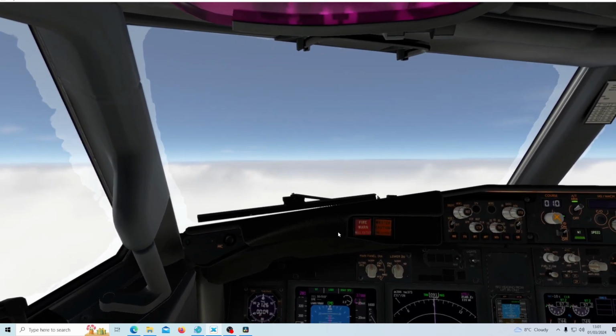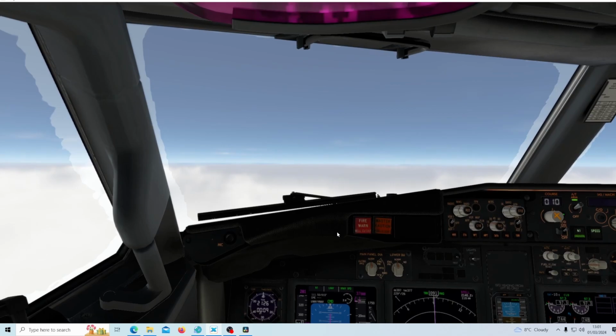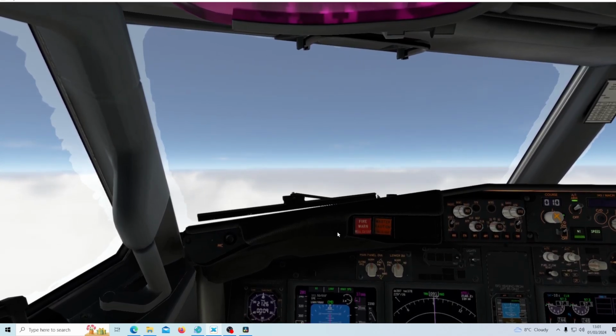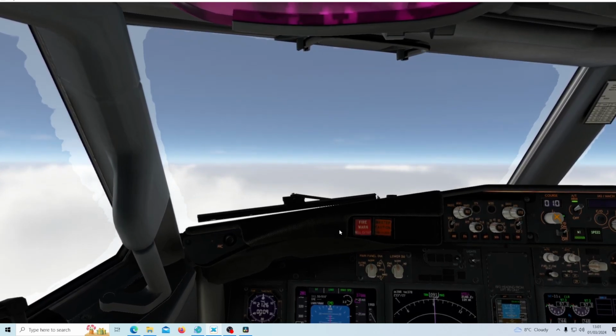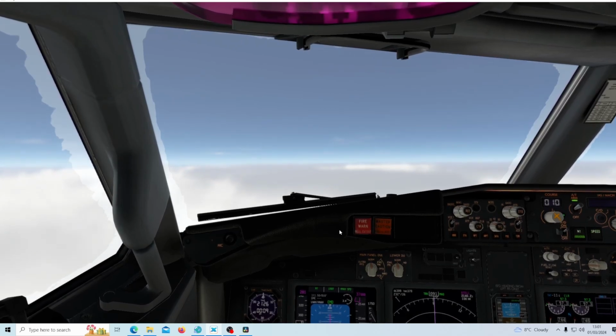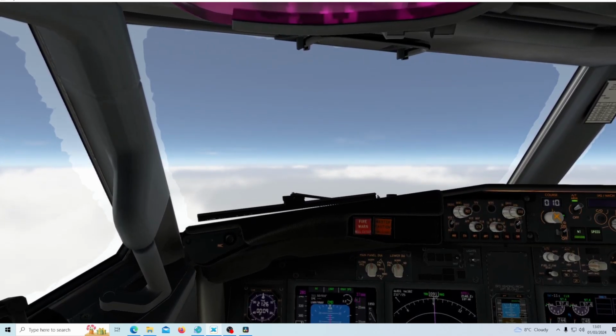Oh, I just realised that I just turned off the engine anti-ice. Normal convention is whenever you turn the engine anti-ice on or off once you're airborne, not so much when you're on the ground, turn on the igniters. That's so that in the event of a flame out, when the engine anti-ice comes on and loosens up a bunch of ice into the engine, the igniters keep the engine running.